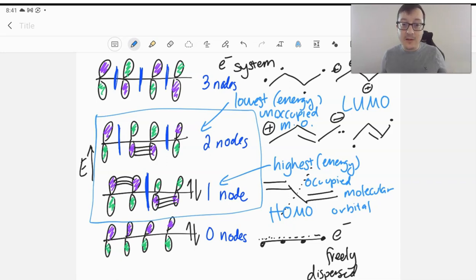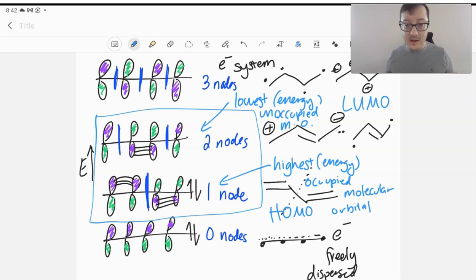And in butadiene, we see that we're going to have the same idea. 0 nodes, 1 node, 2 nodes, 3 nodes, all the way up to n-1. We had 4 pi electrons here, so we're going to have up to 3 nodes, n-1, 4 minus 1, 3. For hexatriene, which has 6 pi electrons, we'll have 6 different orbitals from 0 nodes to 5 nodes. And there's an example of that in your book that you can see.